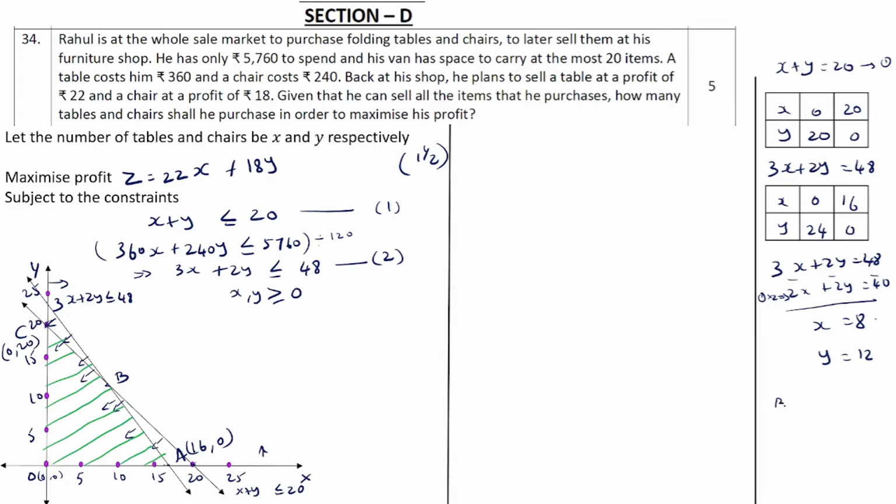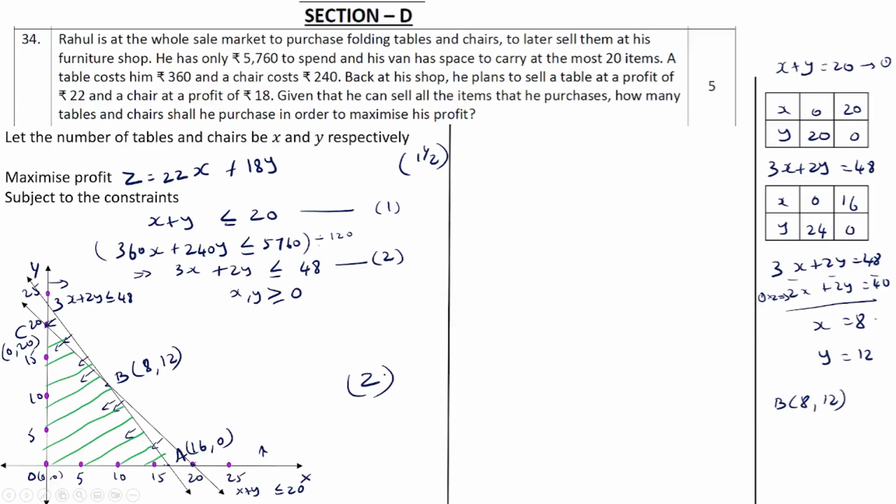So the coordinates for B is (8, 12). Drawing the graph, finding the feasible region and the corner points, and then getting the coordinates for each of these corner points, all these carry 2 marks.